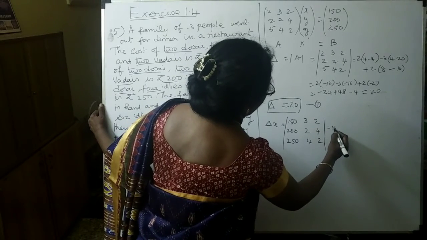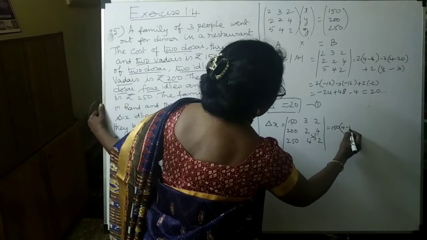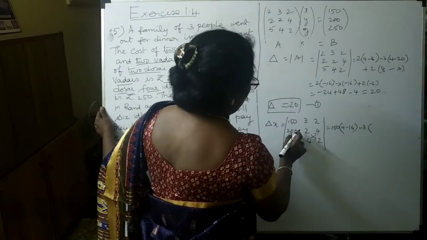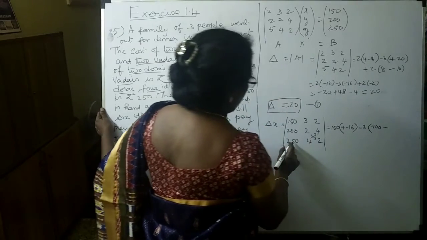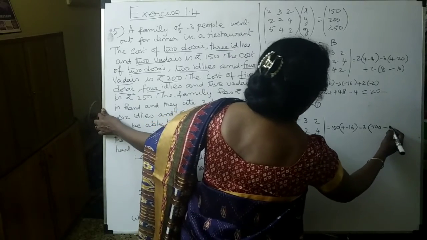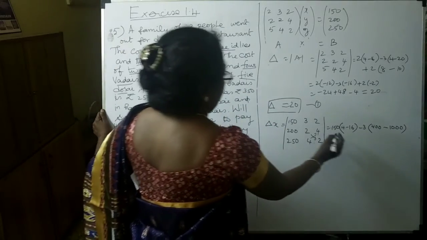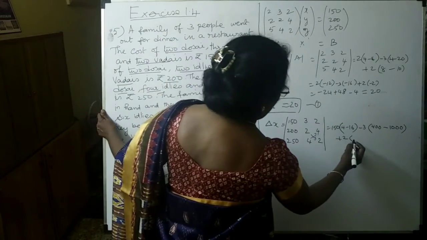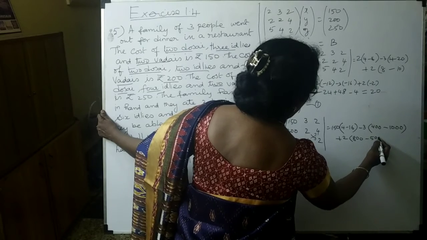This is equal to 150 into (4 minus 16), minus 3 into (200 into 2, 400, minus 250 into 4, 1000), plus 2 into (200 into 4, 800, minus 500).